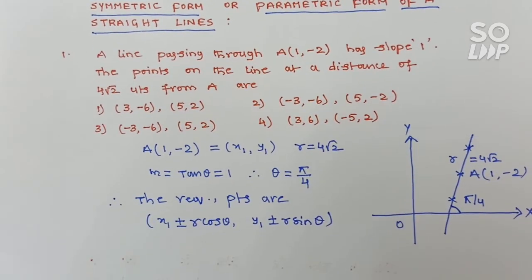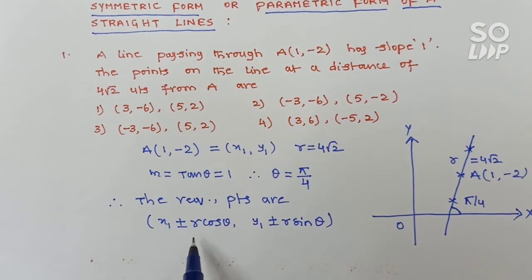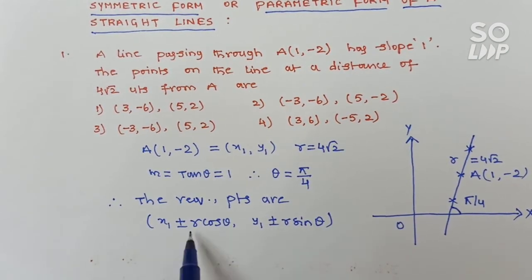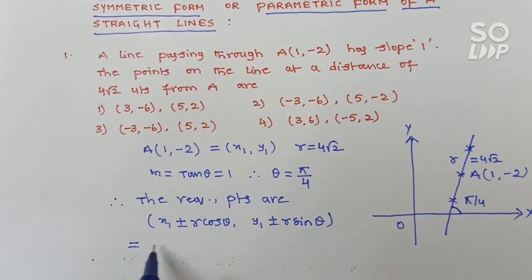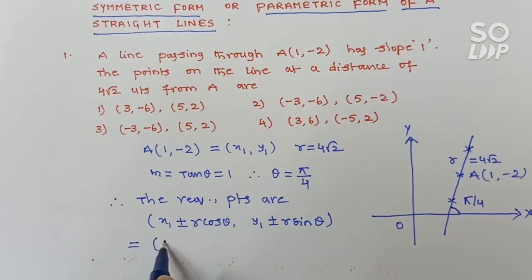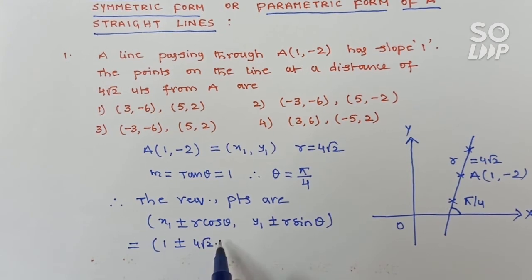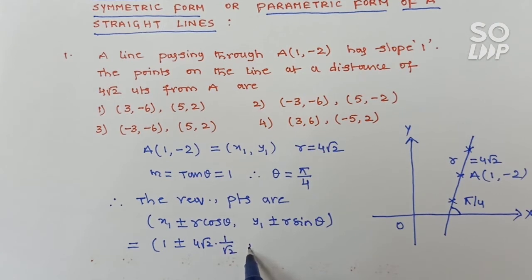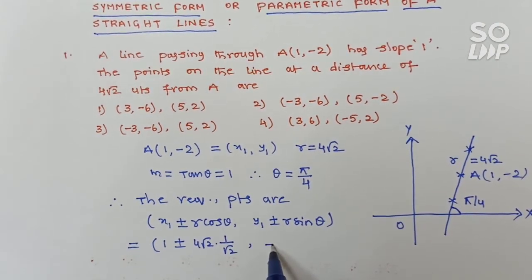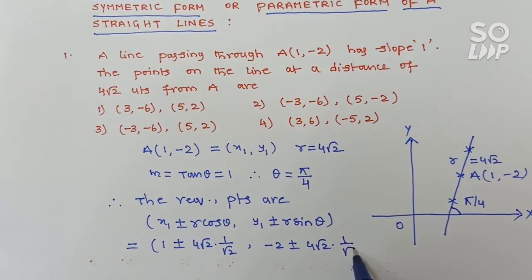Now this formula represents the 2 points. One time you take both as positive signs, and the next time you take both as negative signs. Here x1 is 1 plus or minus r, which is 4 root 2, into cos 45 degrees, which is 1 by root 2, comma, y1 is minus 2 plus or minus 4 root 2 into sin 45, which is 1 by root 2.